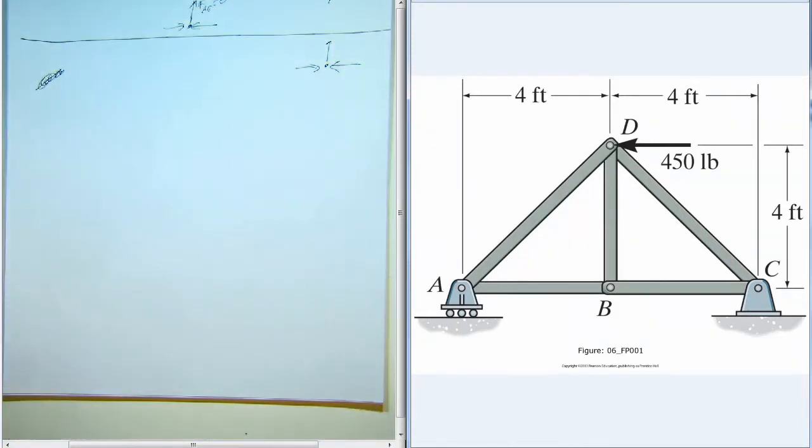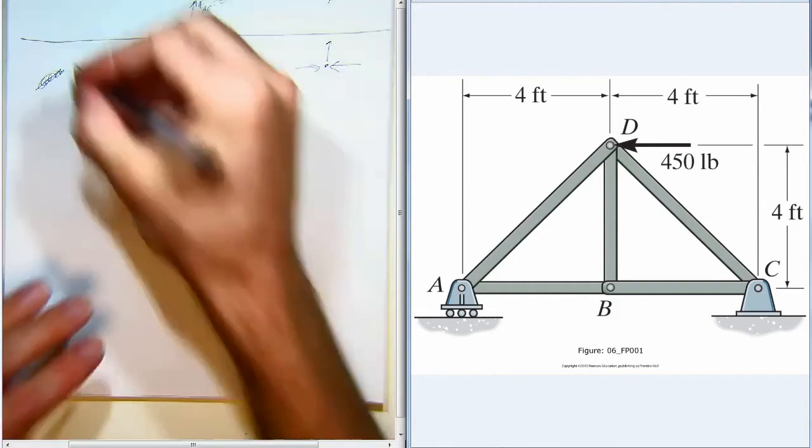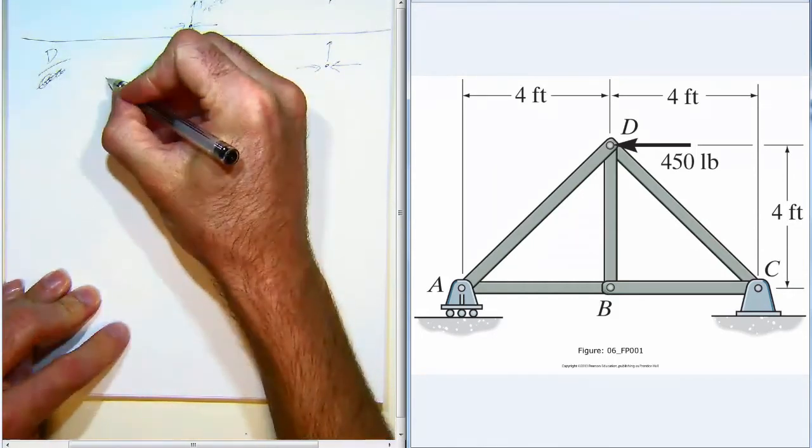Okay, so we know BD is a zero force member. So now which joint do we want to analyze first? We can look at joint D because there's one known force and there are only two unknown forces. So joint D, here's the free body diagram.